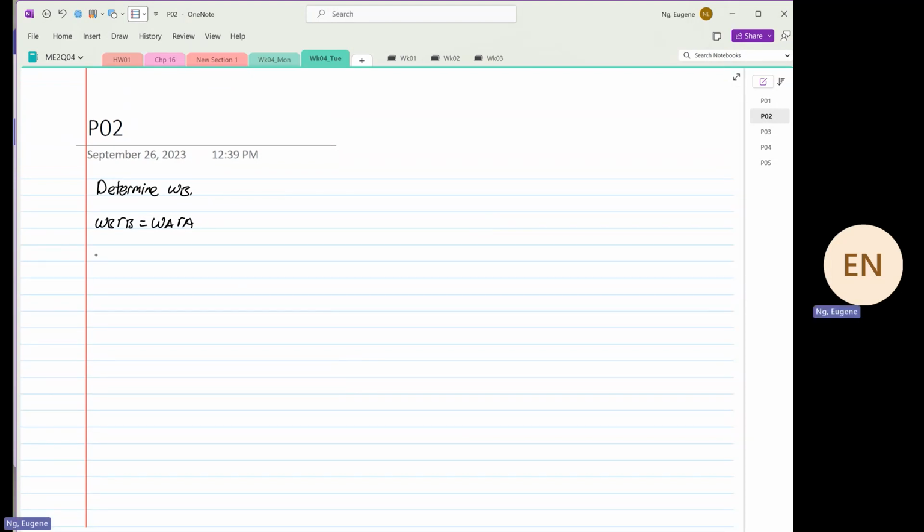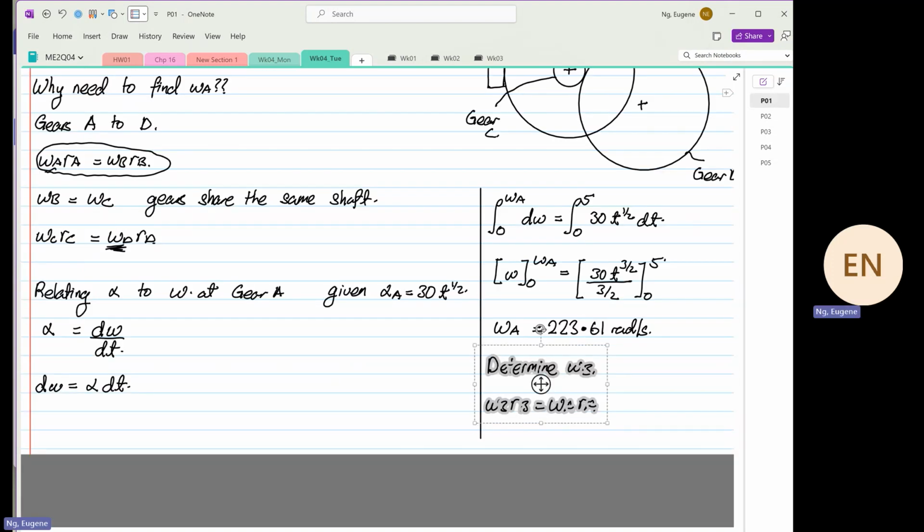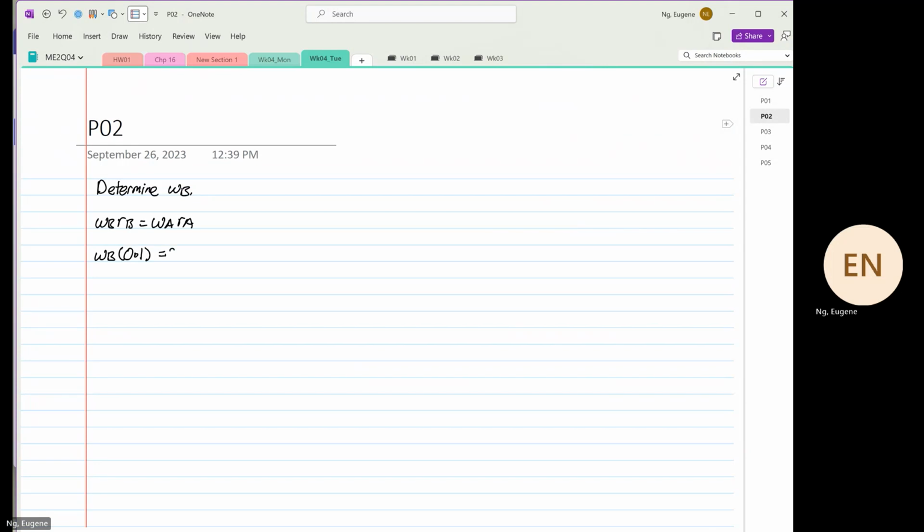So omega B and our rB is equal to 0.1. Our omega A is equal to 223.61, and now rA is equal to 0.025.